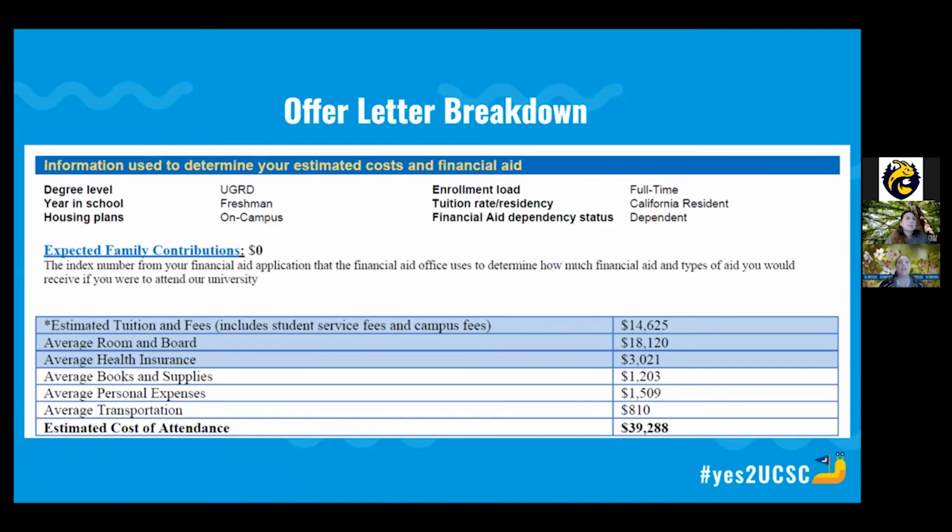It's quite a lengthy formula, and out shoots your expected family contribution. The wording sounds like this is what the government expects families to pay or can afford to pay. But that's not how we view it.